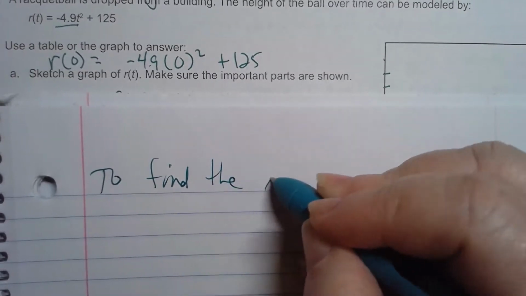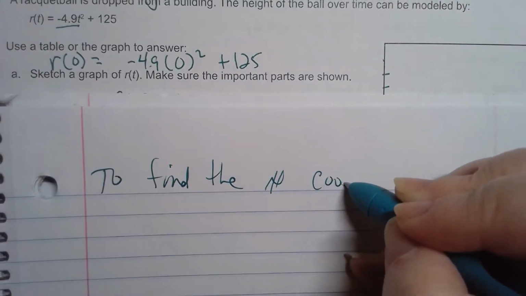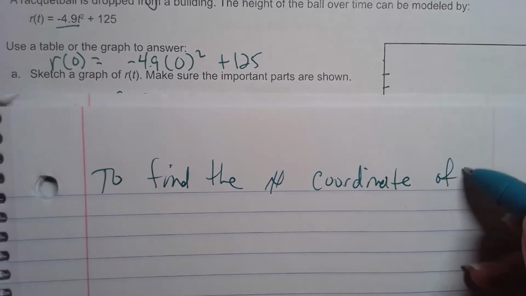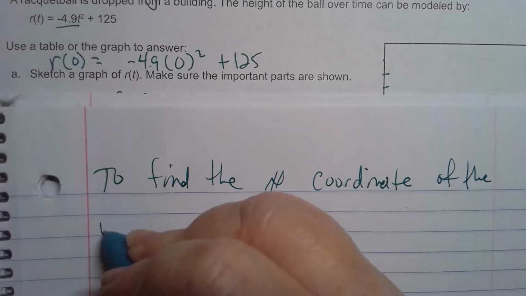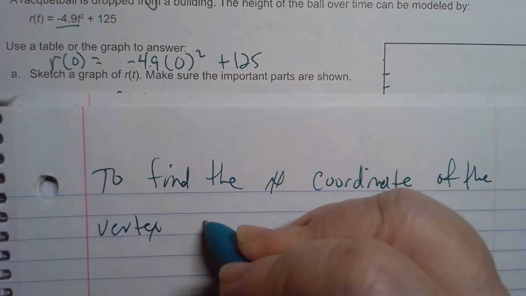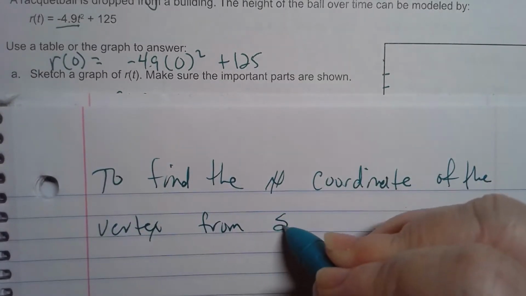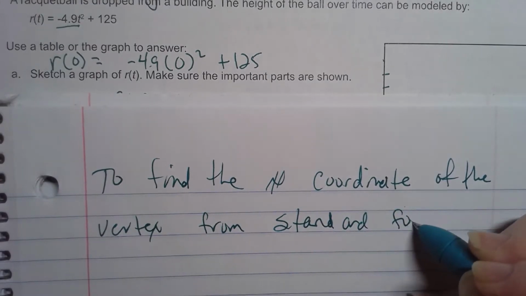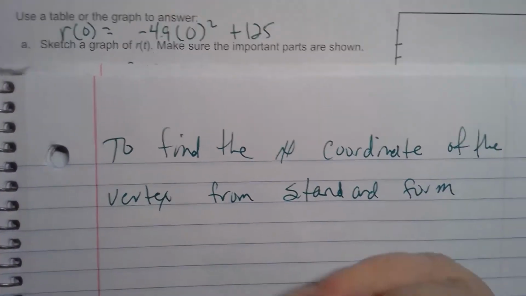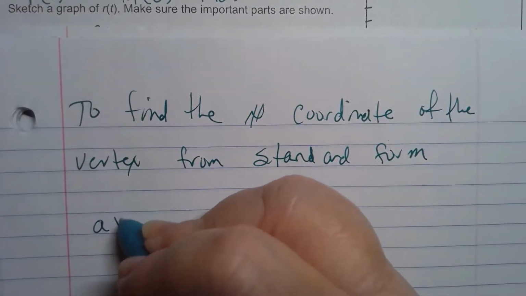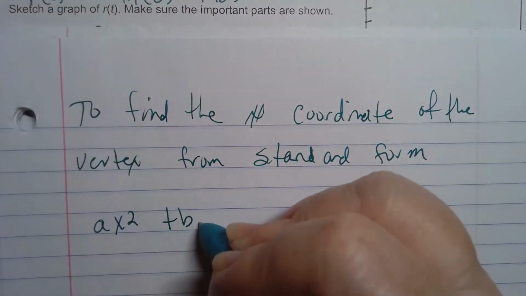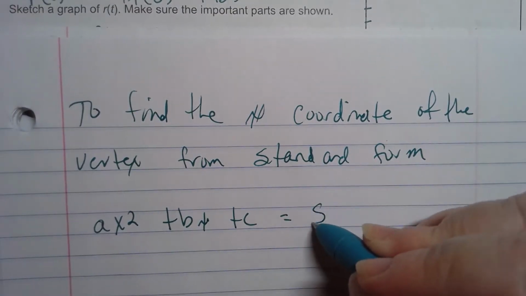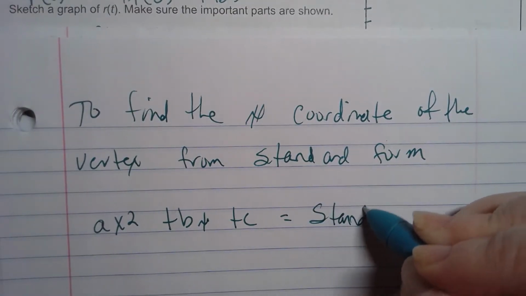If I want to find the x-intercepts, the y-intercept, and the maximum, to find the x-coordinate of the vertex, we're going to take negative b divided by 2a as long as we are in standard form. Remember, standard form is ax squared plus bx plus some constant c equals some value. Usually it is 0.